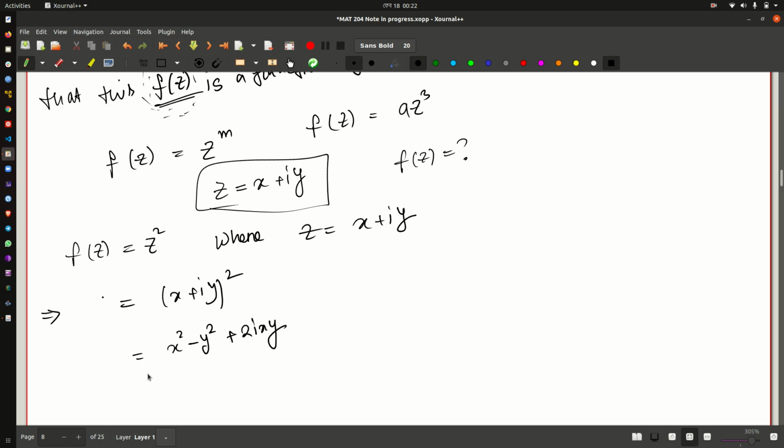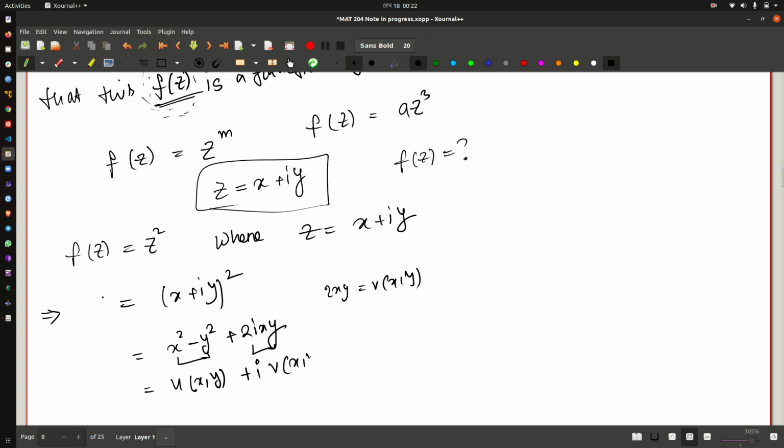So you can already see that this is a multivariable function. I mean, there are two variables, x and y. Okay, so you can write this real part as u of x,y. This is the standard notation, and you can pick out this i and write this 2xy thing as v of x,y.